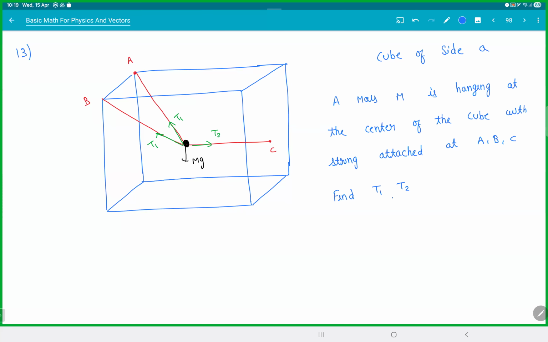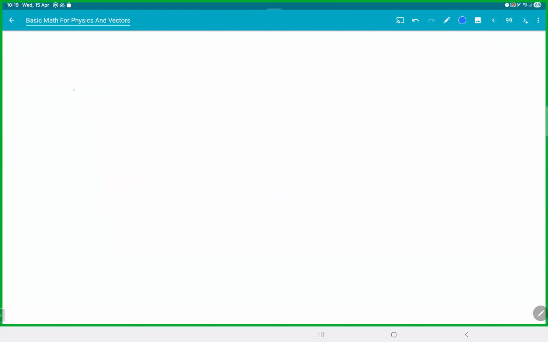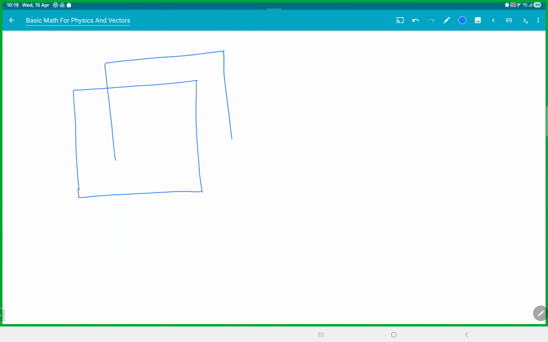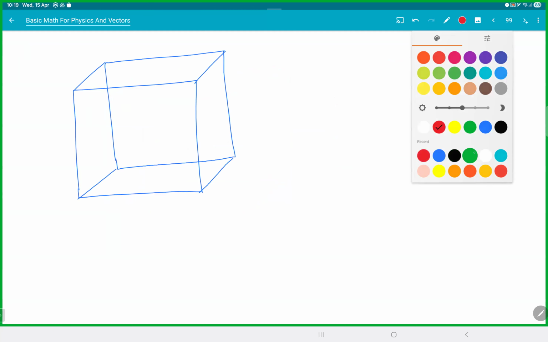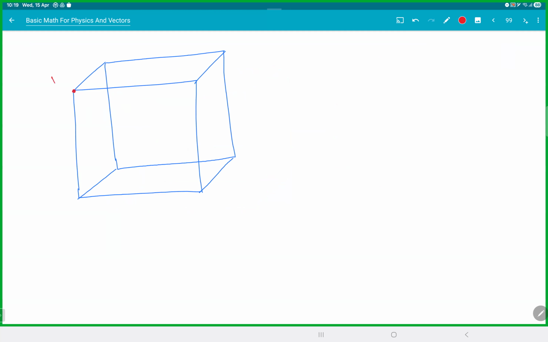Let's get the angles. Listen carefully. So this corner is B, right? O is the center.